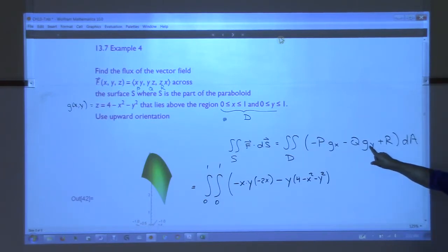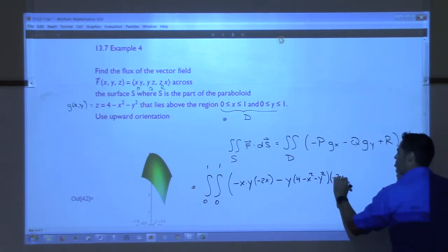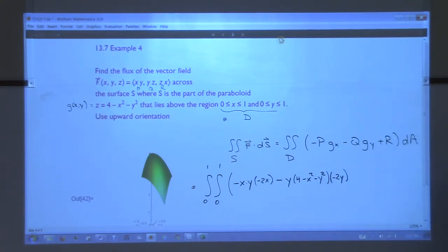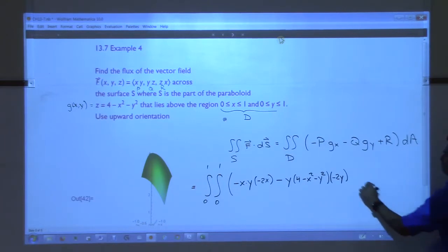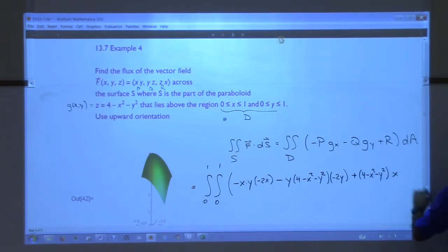Partial g with respect to y, which is negative 2y. And then plus R. What's R? Z times x. Again, z has to be replaced, and then times x. And then I'm done with that part.